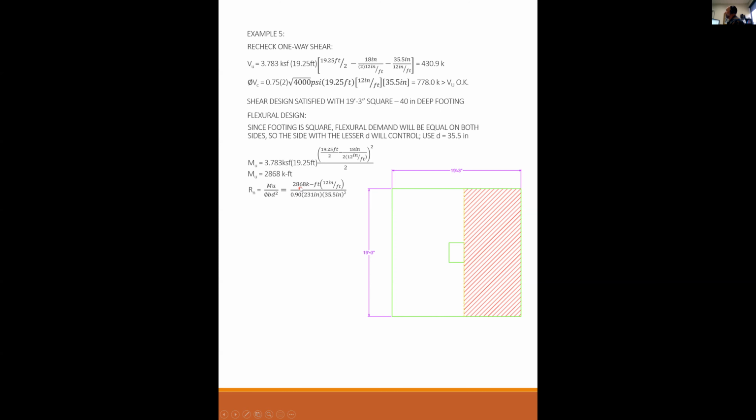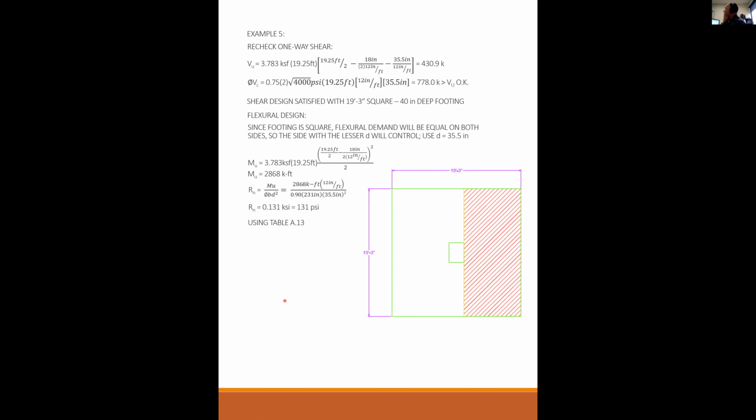I plug in my moment times 12 to get kip-inches. Phi is 0.9. The width is 19'3" or 231 inches. And the depth is the effective depth of the footing to the rebar, which is 35.5 squared. This equals 0.131 ksi or 131 psi.